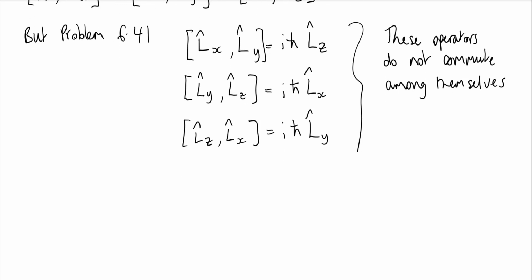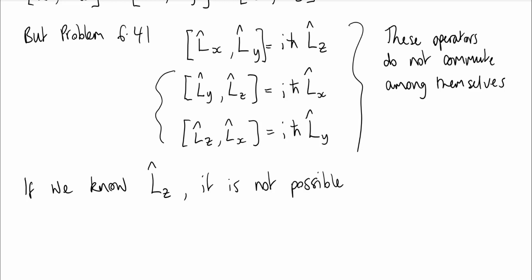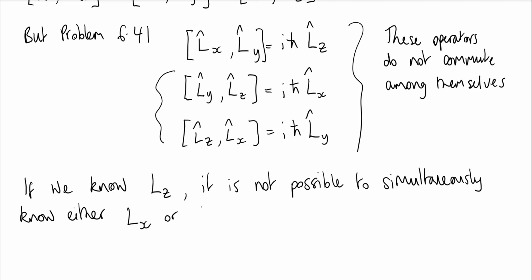In other words, if we know L sub z and we decide that this is the direction that we care about, remember the operator for L sub z was much easier mathematically to work with, that would tell us that if we look at the last two commutators, it is not possible to simultaneously know either L sub x or L sub y.